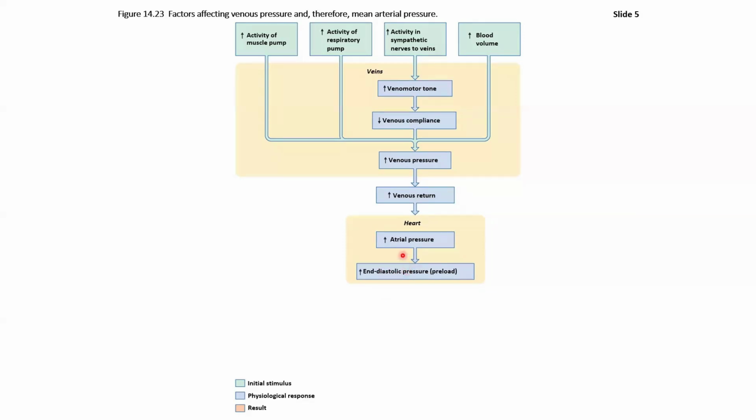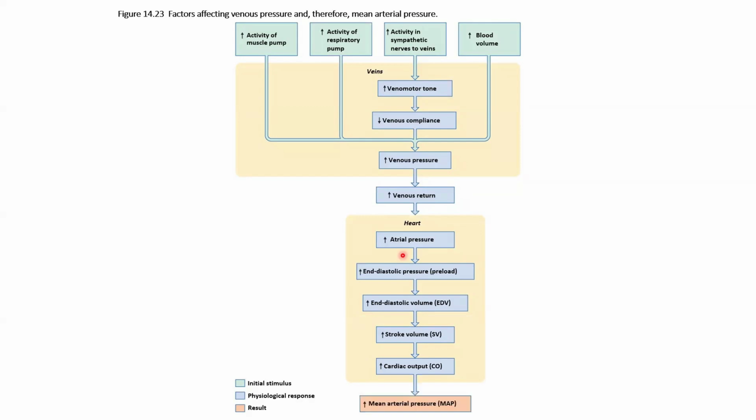So this is all connected. And so now we have a rise in that end diastolic volume because of an increase in end diastolic pressure, and that results in more stroke volume leaving the heart and more cardiac output moving towards our peripheral tissues. That will increase our mean arterial pressure or the driving pressure on the arterial side.